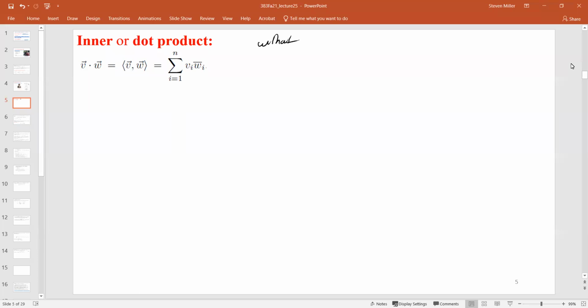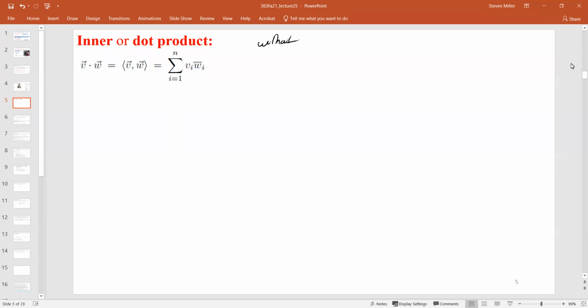Does the dot product output real numbers regardless? I don't think the dot product has to output a real number. The dot product of something with itself, its length, has to be a non-negative number.